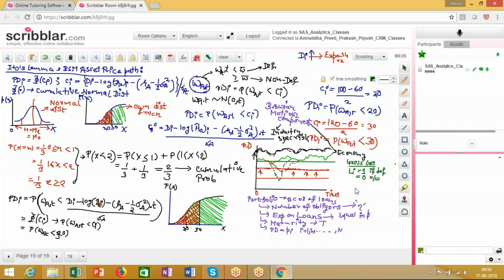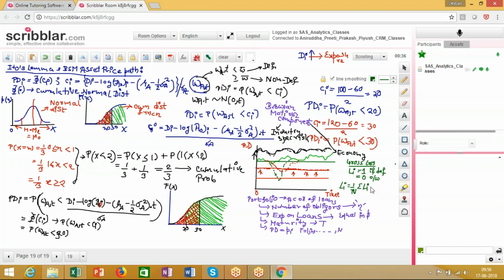Plain and simple. So if I want to calculate the portfolio loss, how will I calculate that? The portfolio loss is one by n, the average, summation of Li.